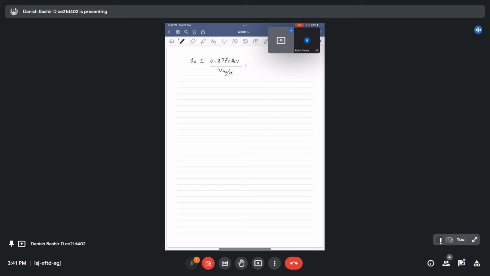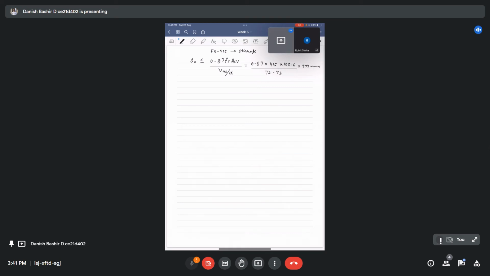You will get all these formulas in the lecture; these are discussed in detail there. 0.87 into 415, I am assuming Fe 415 for my stirrups, into 100.6, divided by 72.75. This comes out to be 499 mm.